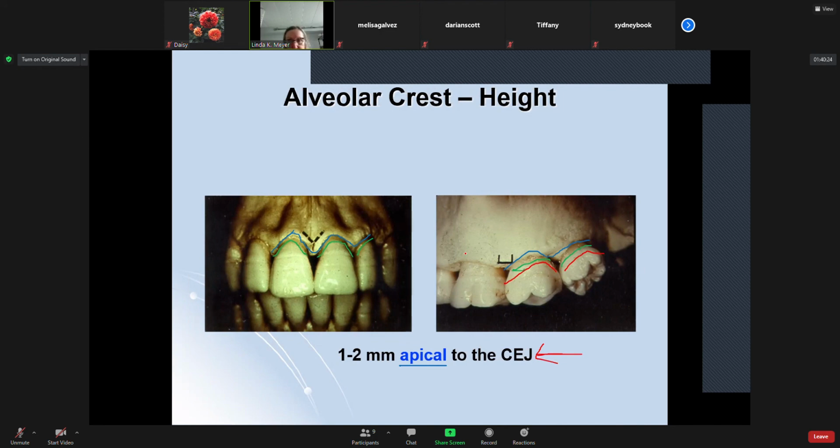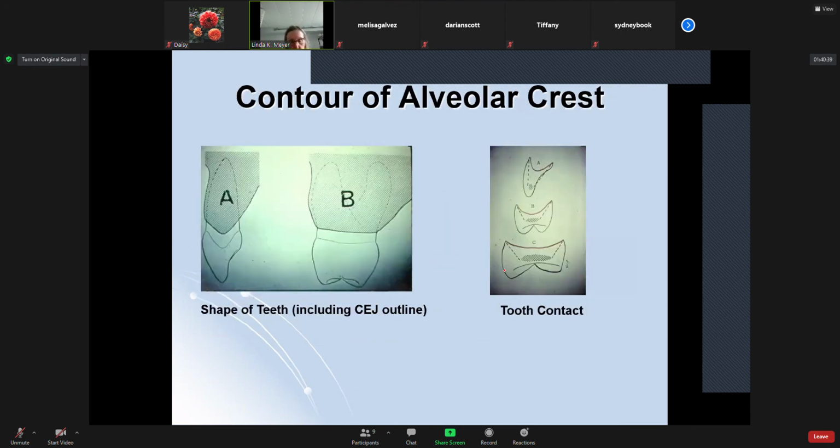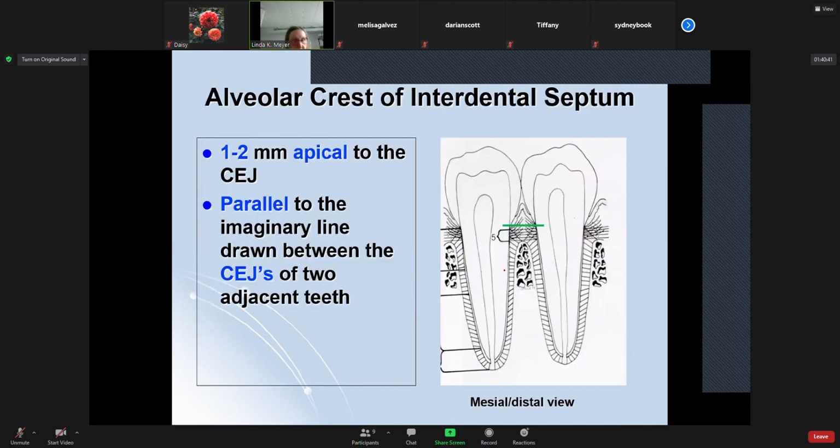Okay, now we're going to zero in on the crest that's right in the interdental septum area. I'm sorry, on the bottom of page 6, I was going to reinsert this diagram again, but you have it.